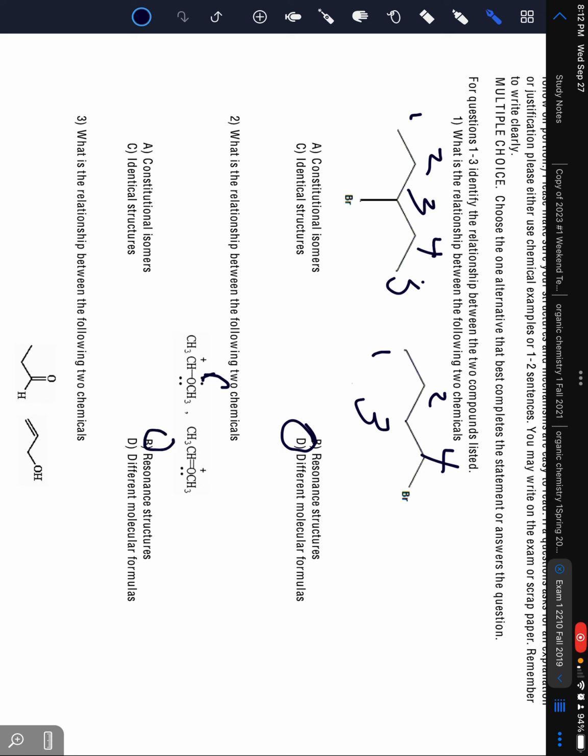So, the first question is to find the relationship between the two pieces here. If you just count carbons, this is 1, 2, 3, 4, 5. Here it's 1, 2, 3, 4. So, they have different molecular formulas. If I'm looking between these two, on number 2, all that happens is the electrons came in from the oxygen to that bond, therefore they're resonance structures.